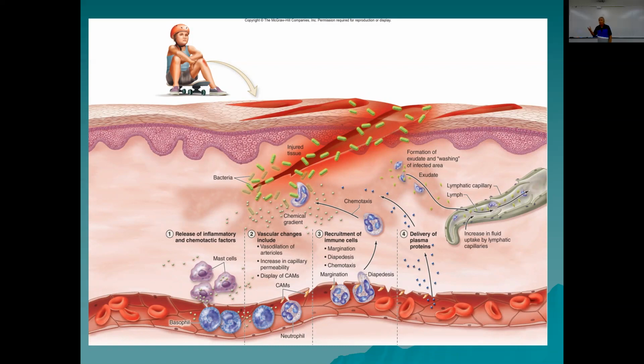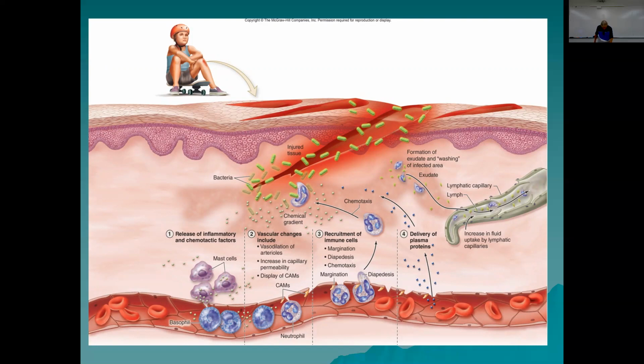Remember, every time you cut yourself, bacteria is going to get into this wound. And delivery of plasma proteins, clotting factors, and kinins and inflammatory chemicals.